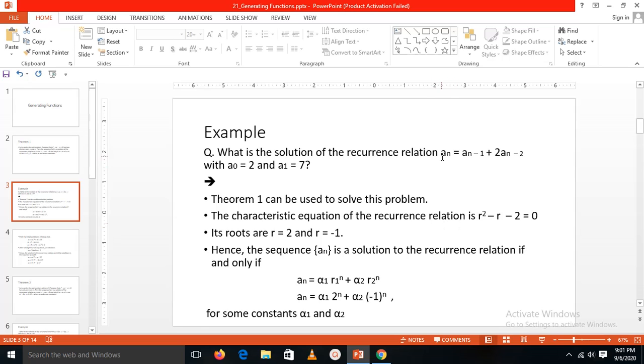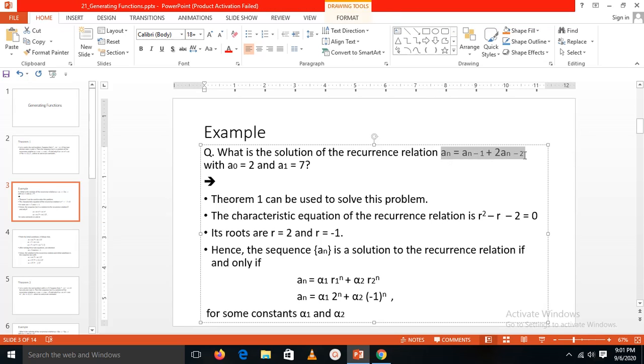The recurrence relation is given in the question itself. So a_n stands for r squared. Now take the right-hand side into the left-hand side, and by taking it across, all the signs are changed.